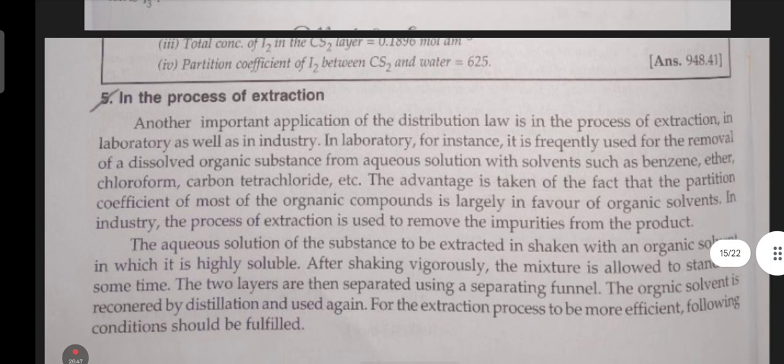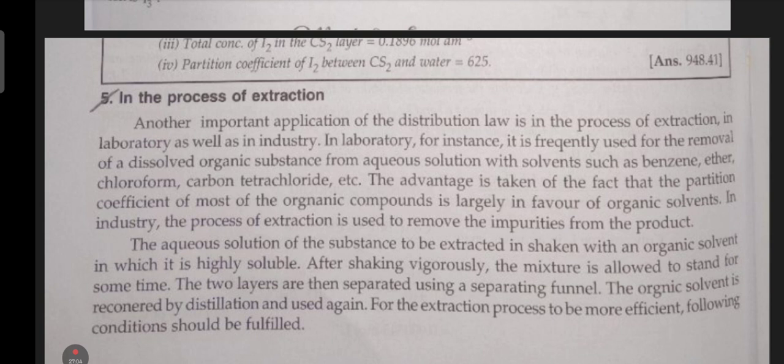Now we will discuss the fifth application of the distribution law, that is, in the process of extraction. Another important application of the distribution law is in the process of extraction in the laboratory as well as industry.